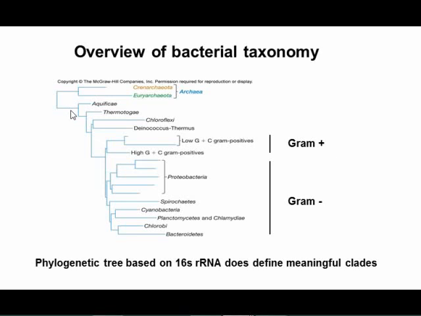Now, this is quite interesting because it might help us understand what the lifestyle and the physical characteristics of the first types of bacteria were, because the root is up here.